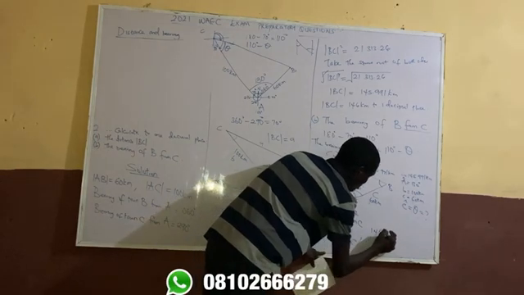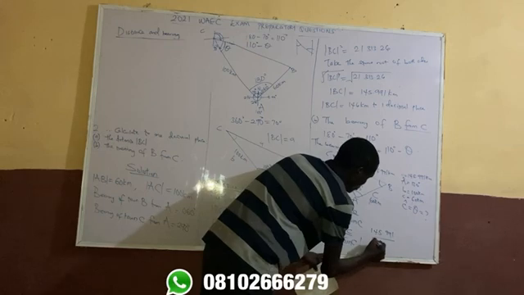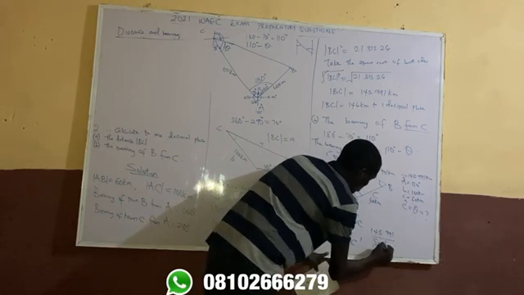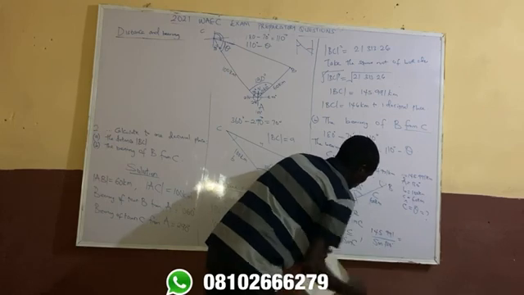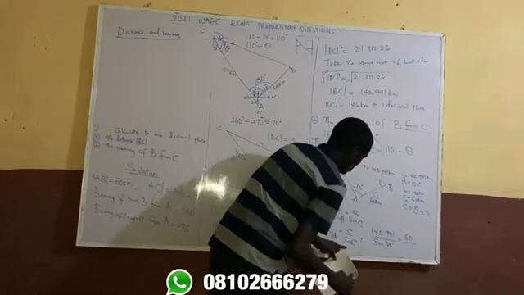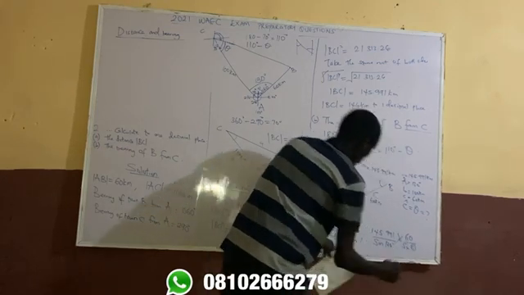So we have 145.991 over sine 130 degrees equals 60 kilometers over sine theta. Now we cross multiply.